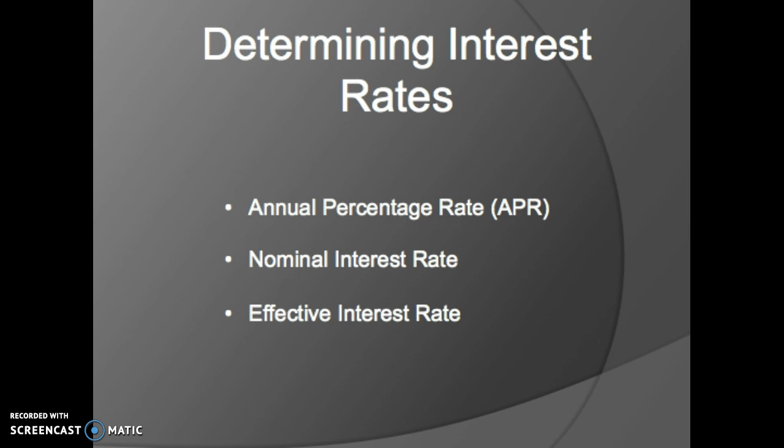So for example, if an investment pays 10% compounded monthly and another investment pays 10.1% compounded semi-annually, the effective annual interest rate can be used to determine which investment will actually pay more over the course of the year.